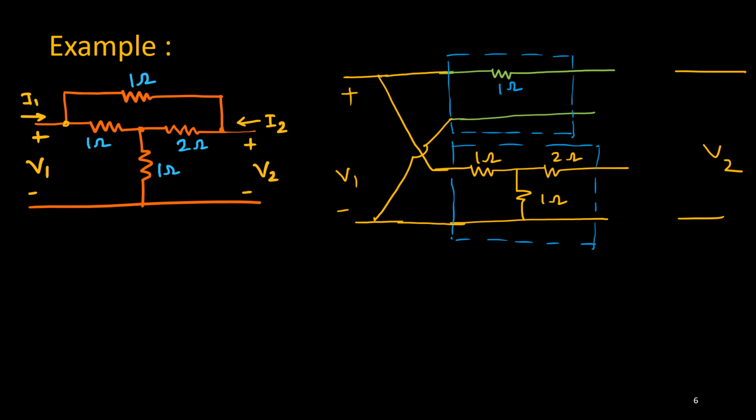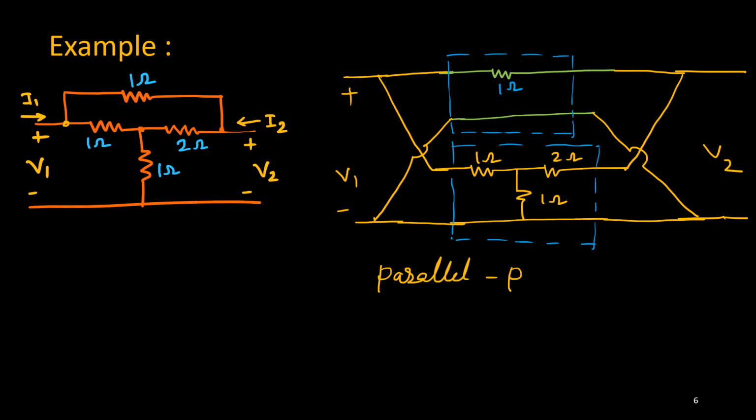Right side again similarly with V2, this is connected, this is connected, and this one is connected. Then this is the ground side. So it implies that this is parallel connection, and the output has a parallel interconnection.